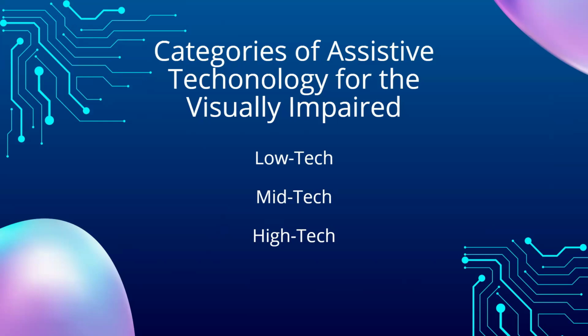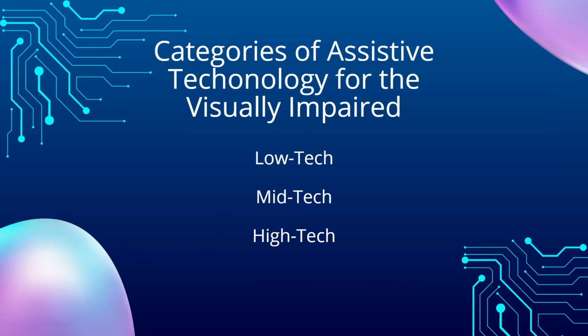Think of low tech tools as basic, often non-electronic devices, simple but powerful. Mid tech tools offer more features but don't require advanced computer systems. And high tech tools? These are digital, often software based, and incorporate features like AI and connectivity.